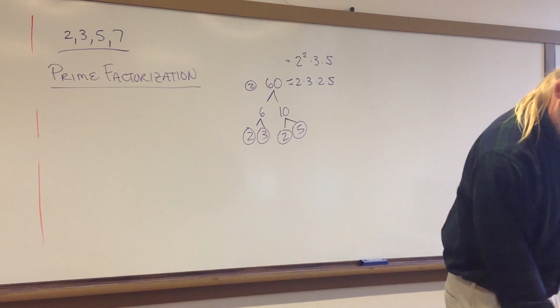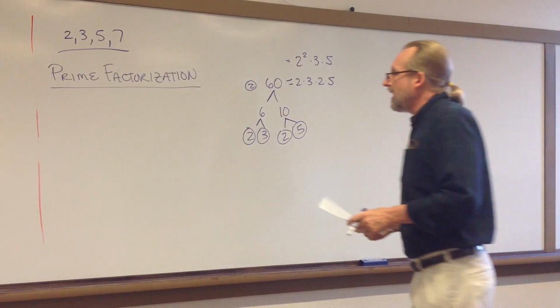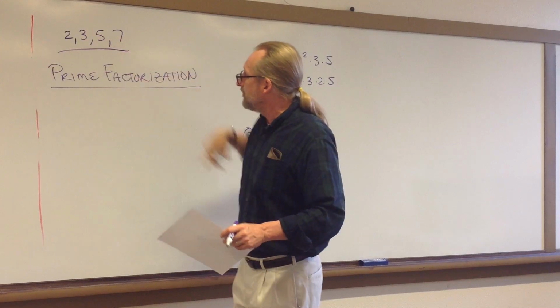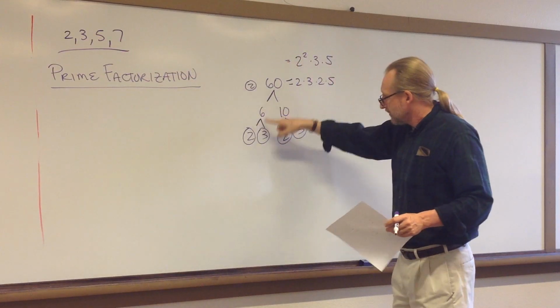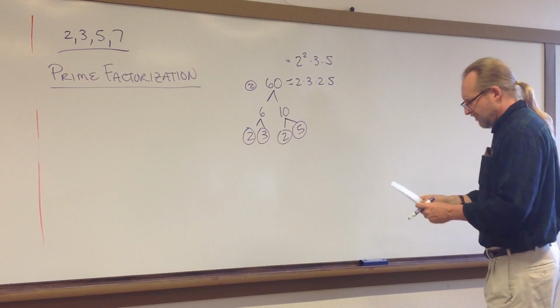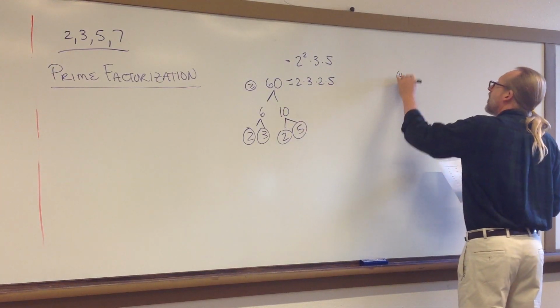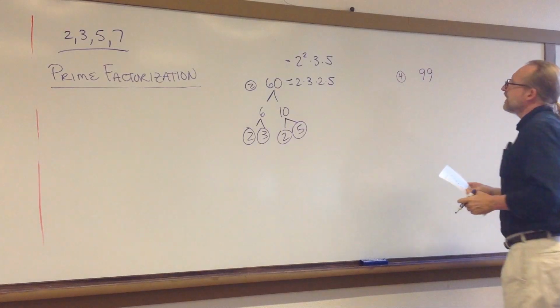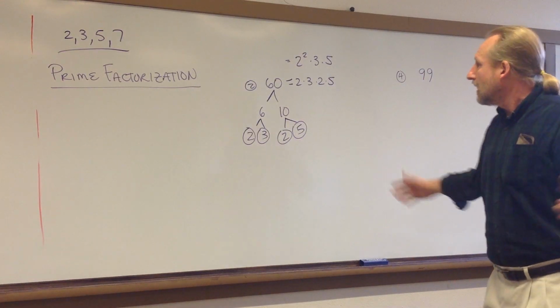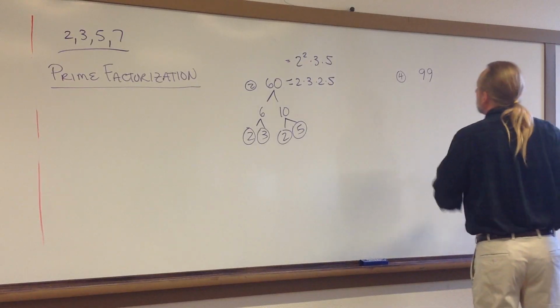Let's keep going here. And what I was saying before about knowing whether or not a number might be divisible by one of these prime numbers is helpful to try to split things up. Okay? Let's see here. Problem 4, 99. Well, again, you can just start this any way that you want.